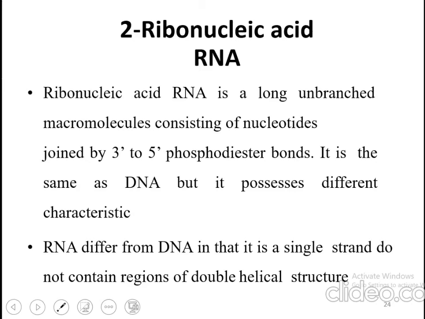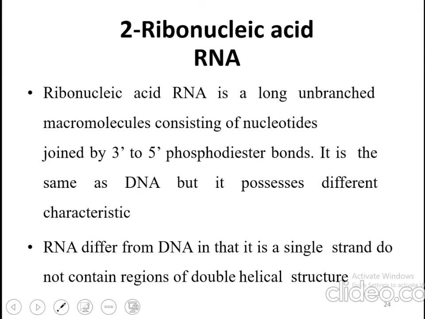It is similar to DNA, but its characteristics and appearance are a little different. It is a long unbranched macromolecule like DNA. It also consists of nucleotides joined by phosphodiester bonds, as in DNA.